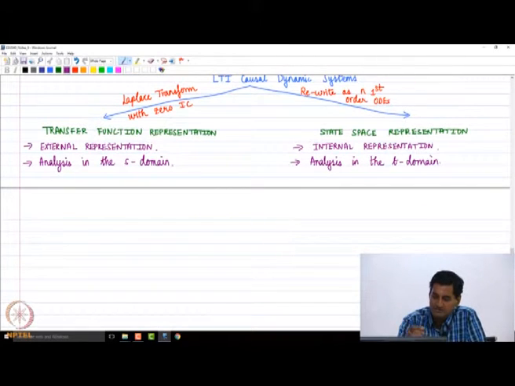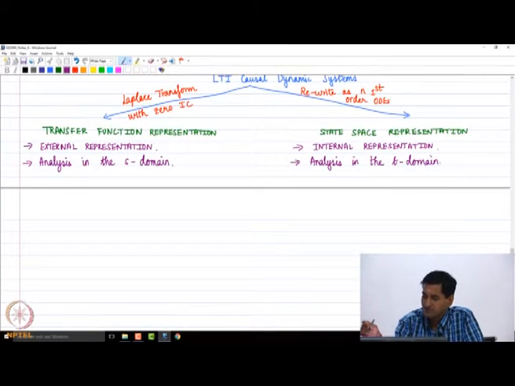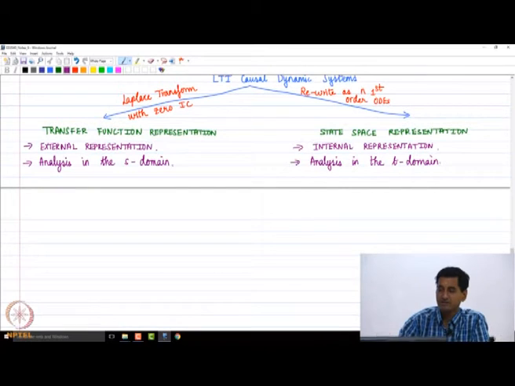This is something I want to introduce. Now, let me show you the equivalence between the transfer function and state space representation. Then I will leave you with an exercise to do. So, are there any questions till now?